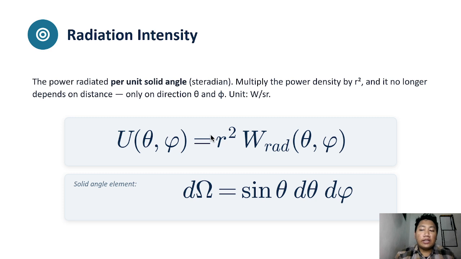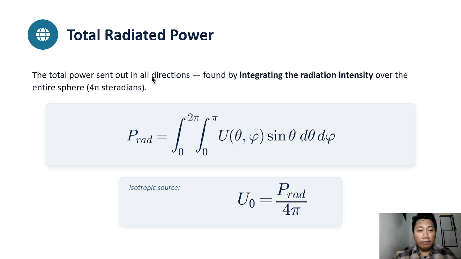So radiation intensity only depends on the directions, the angles theta and phi. Down here is the solid angle element d omega, which is equal to sin theta d theta d phi. Remember this little guy, because it shows up every single time we integrate.